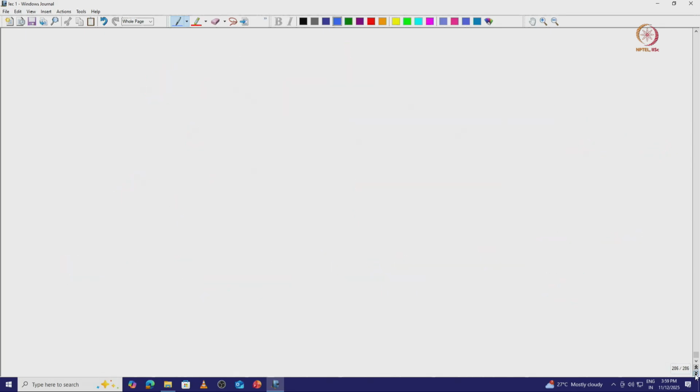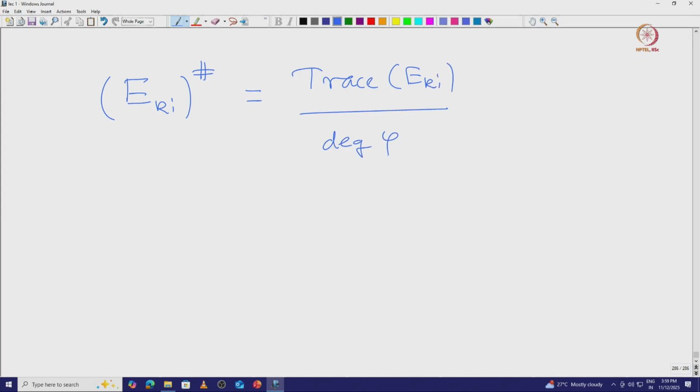Now, using this result we can compute what happens to this E_ki hashtag. Recall that this E_ki hashtag is exactly equal to the trace of E_ki divided by the degree of the representation, which is n, times the identity on the space V. Now from this equality we can compute the ljth coefficient.